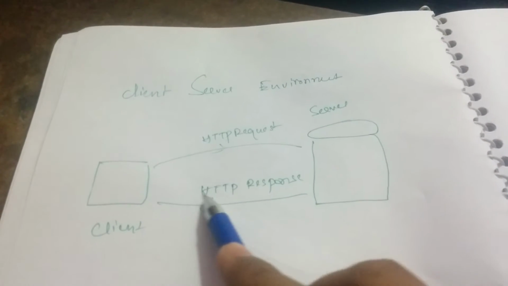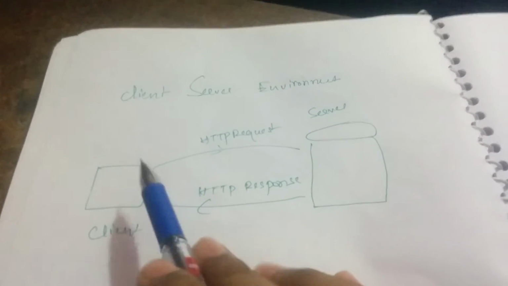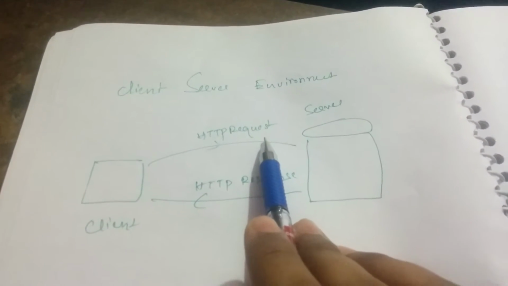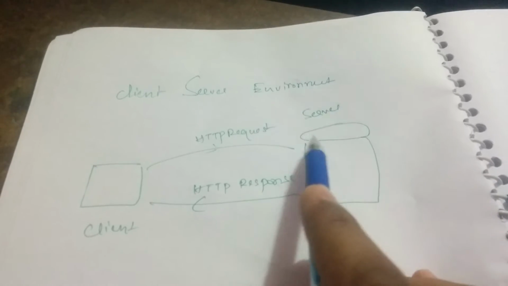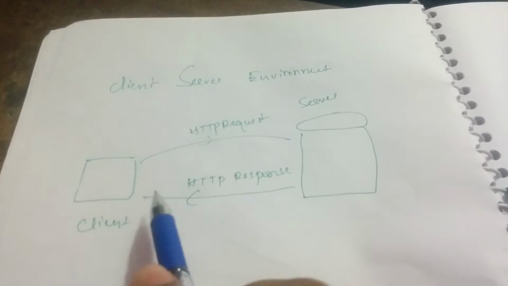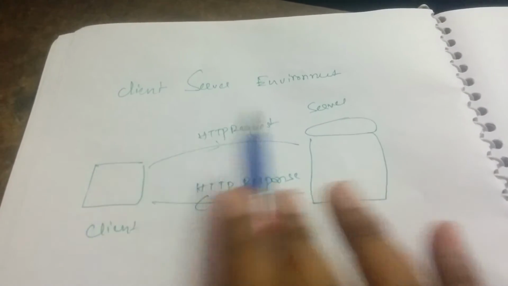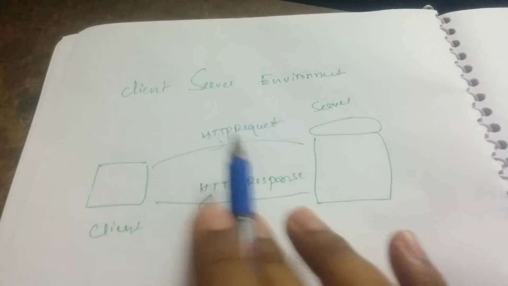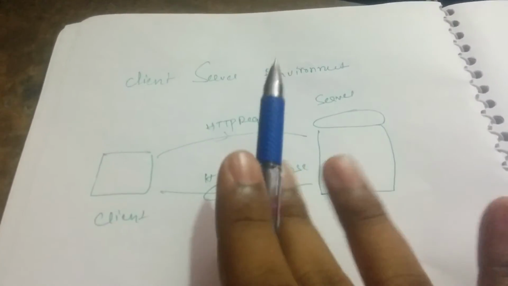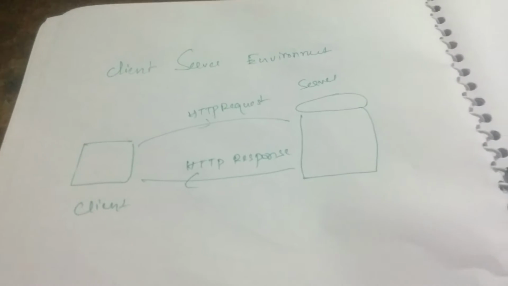This is called the HTTP response. It's pretty simple. You request a web page from the client to the server, and the server responds with the web page. Just remember this. It's nothing but two machines communicating using some external application. That's what a client-server environment is.